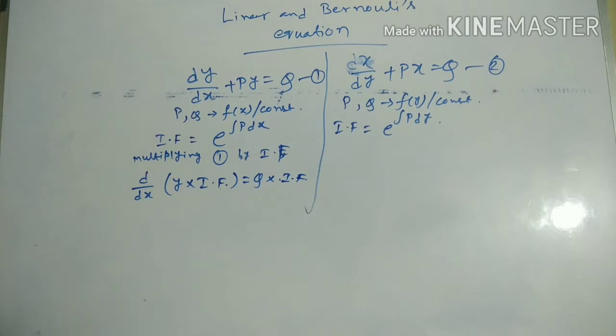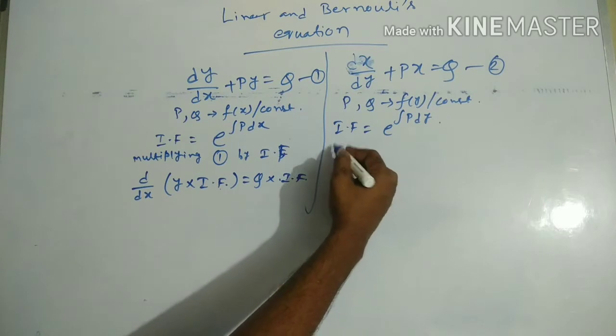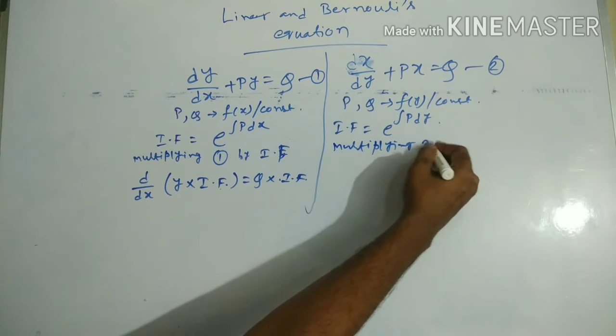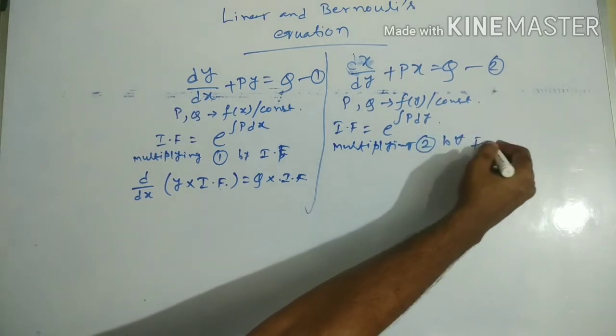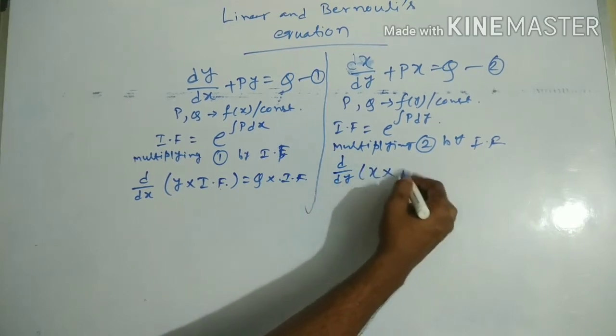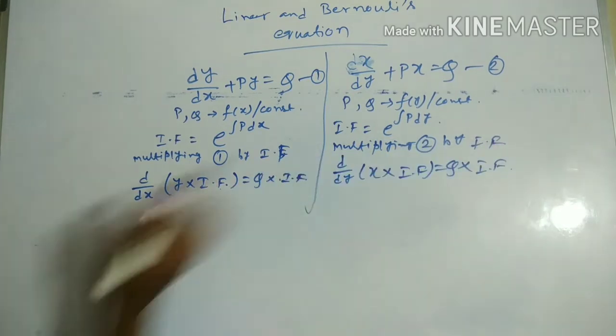Now I have skipped one step which I have not shown here. When we take an example, then I will illustrate how this step comes after multiplying. Okay. Now I am writing directly: multiplying 2 by IF, d/dy of (x into IF) equal to q into IF.